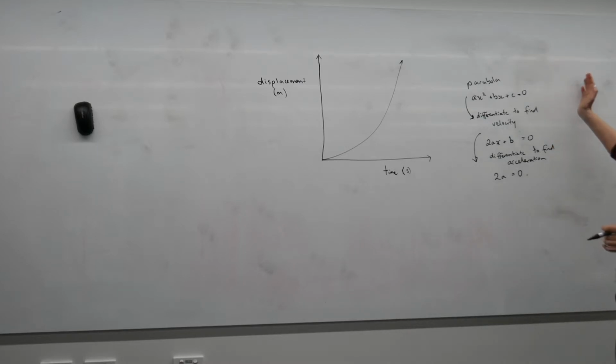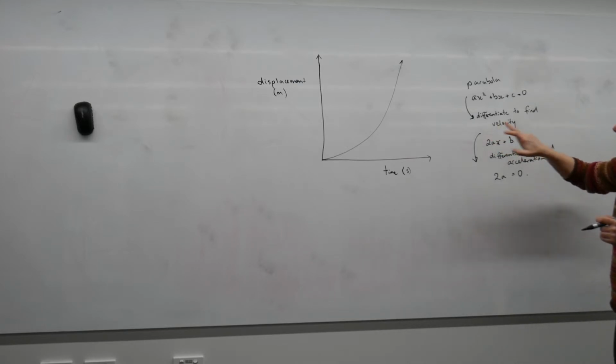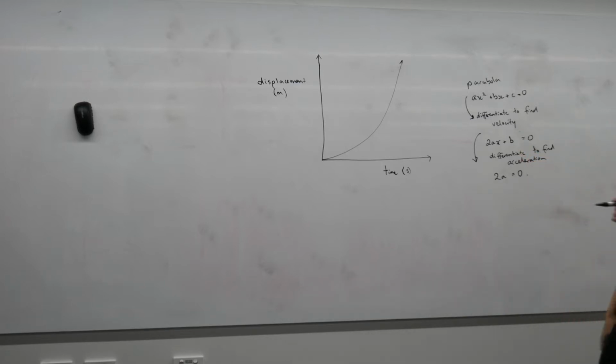And the other thing I guess that we need to look at is, well, what does that mean for those of us not doing methods maths? Well, we can find the velocity at any time.